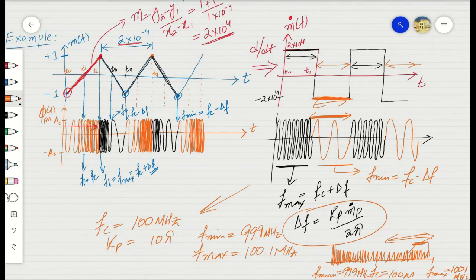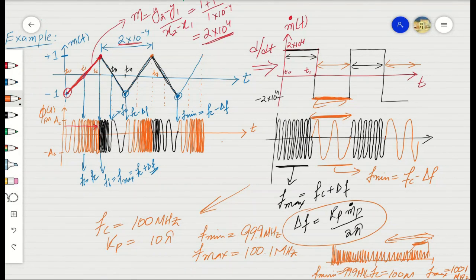For the same information signal of this triangular wave, if we perform frequency modulation and the frequencies of the carrier signal are directly modified with respect to the amplitude of this information signal, the frequency modulated signal will look like this signal, where directly with respect to the increase or decrease in the amplitude of the information signal, an increase or decrease in the frequencies of the modulated signal will be experienced.